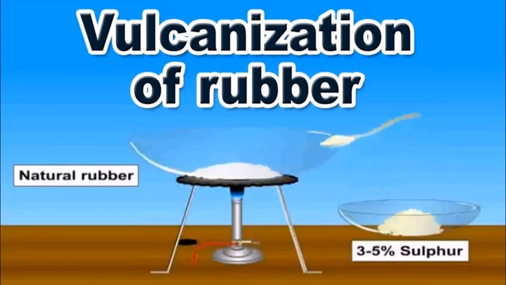And if we have to give less hardness, for example, if we have to make a toy of rubber, then it is made with less sulfur in the natural rubber because we do not require that rubber to be too hard. But if you have to make a tire, for that we will add more sulfur because tires should be hard. So that is why we change the proportion of sulfur in the mixture according to the purpose of the substance that we have to make. This is called the vulcanization of rubber.